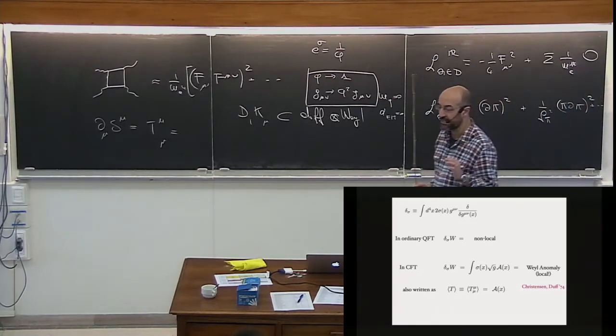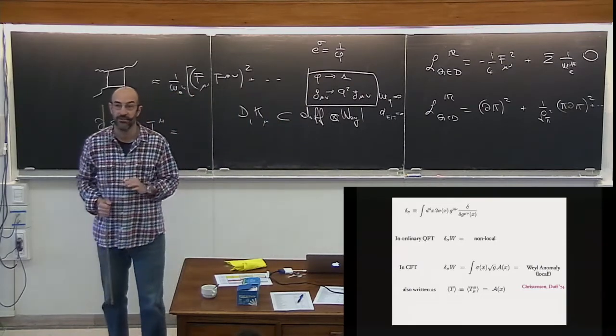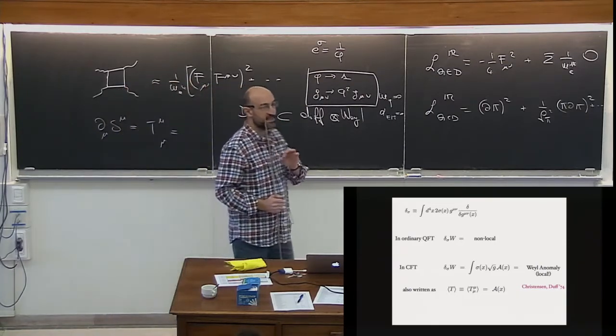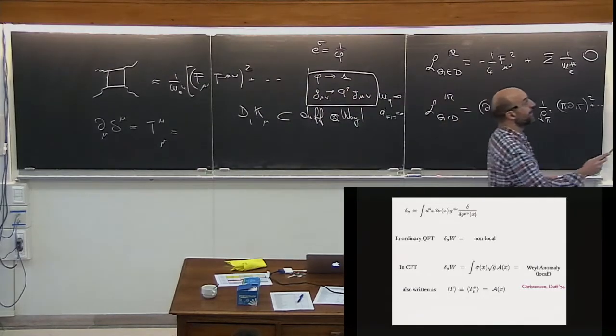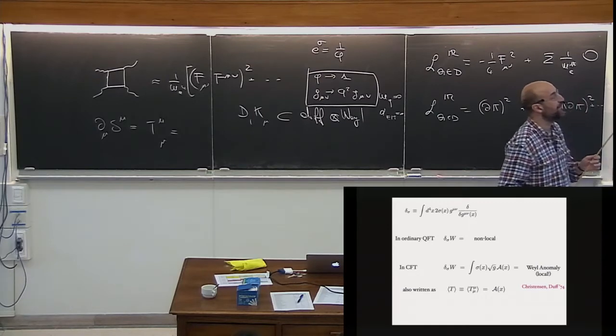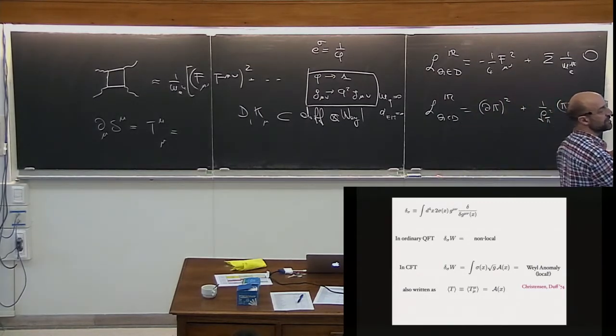However, if the breaking has only to do with the regulator, if it is genuinely associated with the regulator, and in this case you can see it very nicely when you do dimensional regularization, then the variation of the action is local.